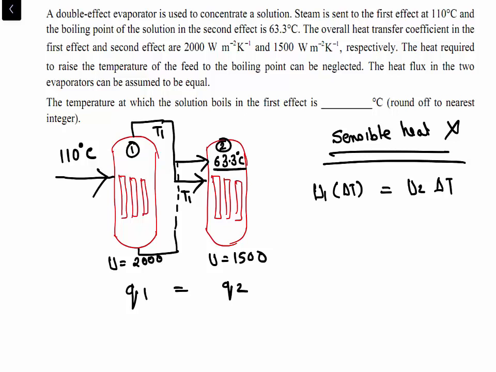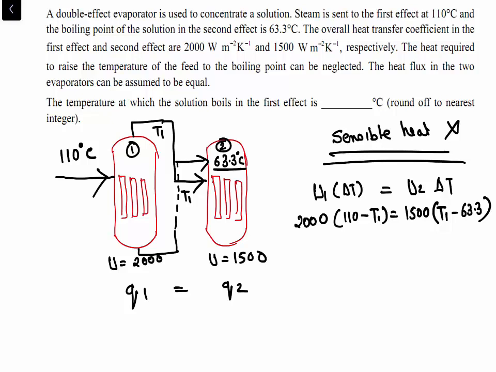So just apply the balance. We have U1 given, 2000. What is ΔT? ΔT is 110 minus some temperature T1. It equals 1500 times (T1, which acts as steam for the second evaporator, minus 63.3).